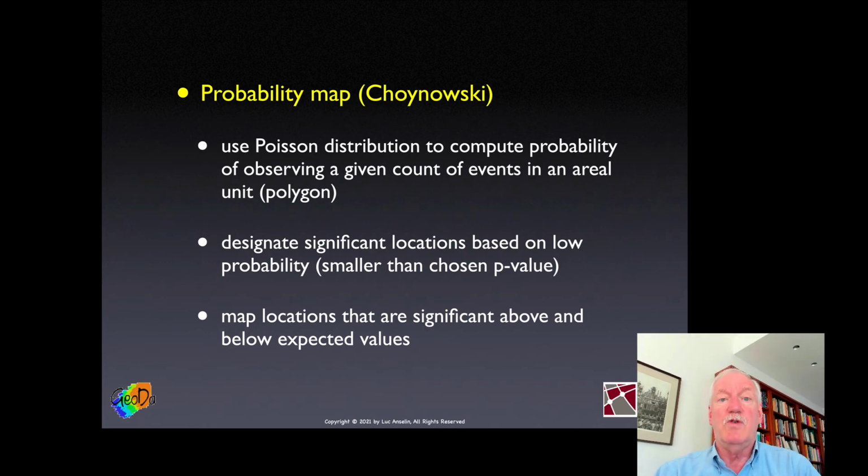We can compute the probability of having 50 events. And if that probability is small enough, we say this is significant. So we're going to map the areas where we have either way more or way less events than we could expect given the average intensity of the process.